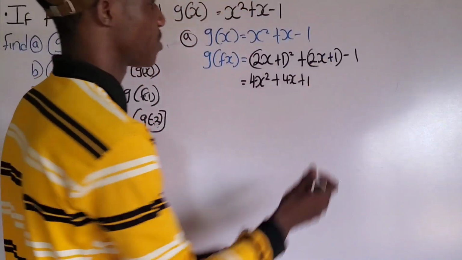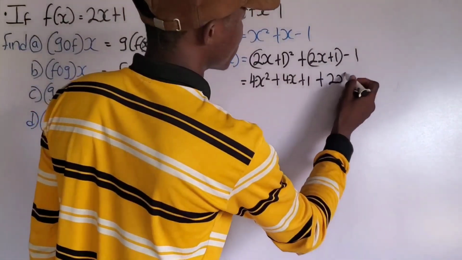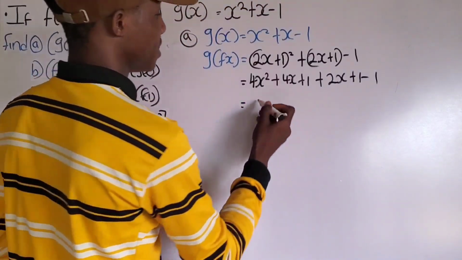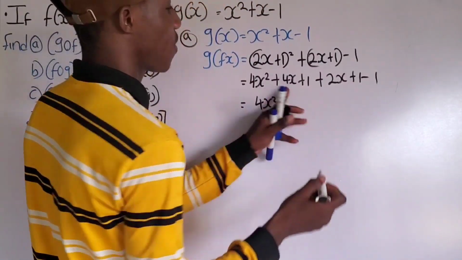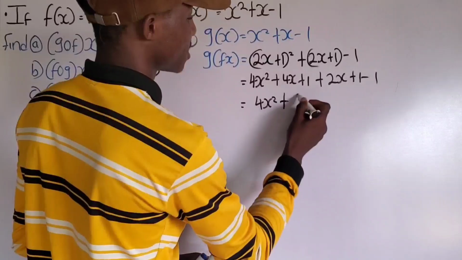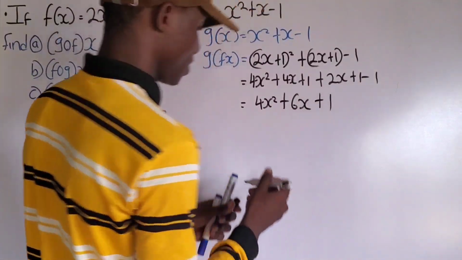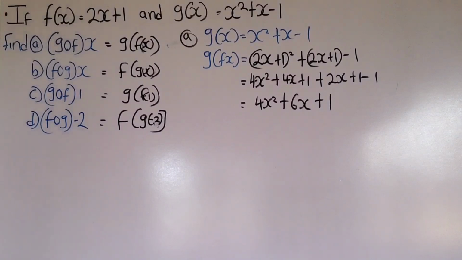Now for this, I'm going to have plus 2x plus 1 minus 1. So 4x squared, 4x plus 2x, that is plus 6x. This will eliminate this, so I'm going to have plus 1. So the final answer to that question is 4x squared plus 6x plus 1. That is the solution to the first question.